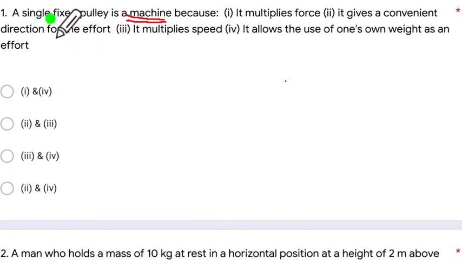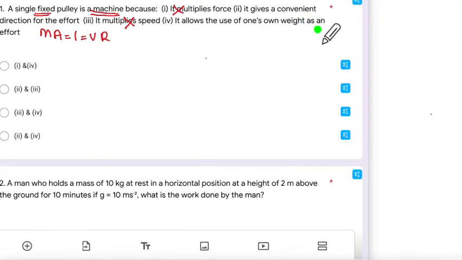Now single fixed pulley, remember, is going to have mechanical advantage equal to 1, correct? And so it cannot multiply force. Also its VR is going to be 1, so it cannot multiply speed. Does it give convenient direction for the force? Does it?